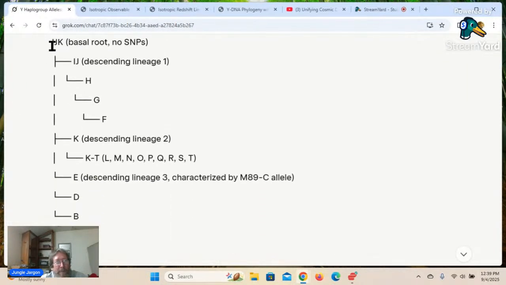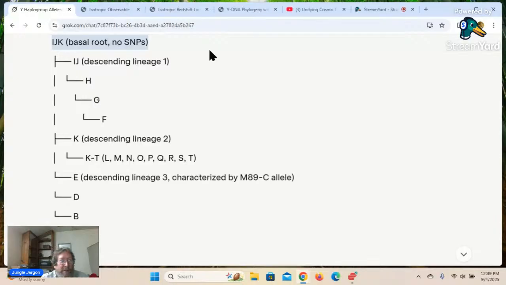So it thought a little bit, and IJK has IJK as the basal root, no SNPs. It's basal, no single nucleotide polymorphisms. That's what happens when you make IJK the root.